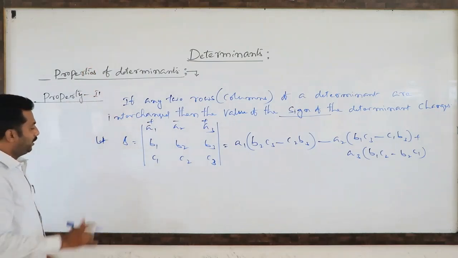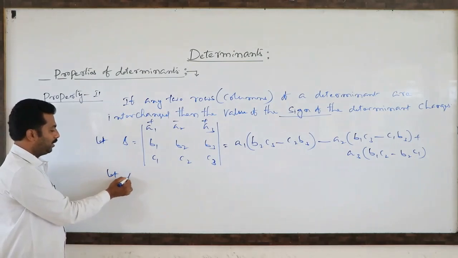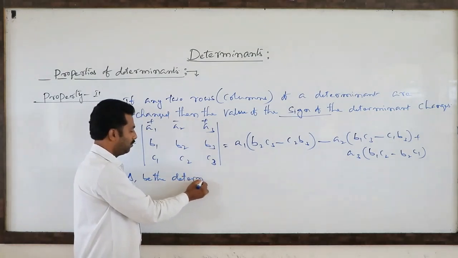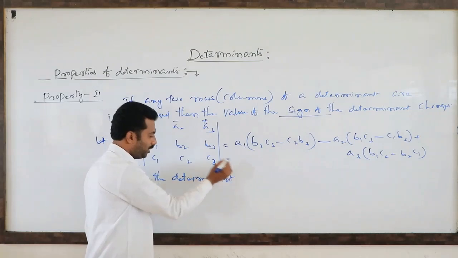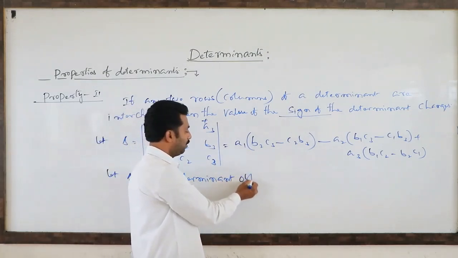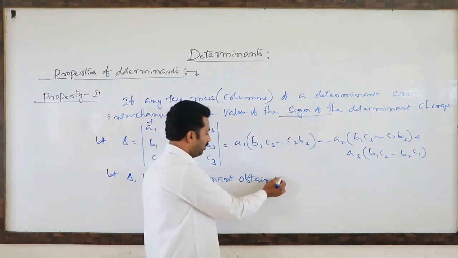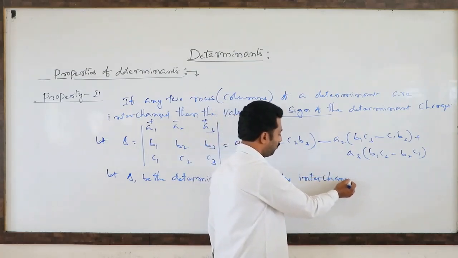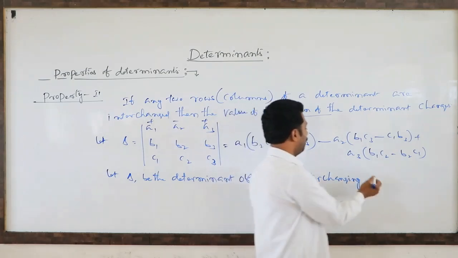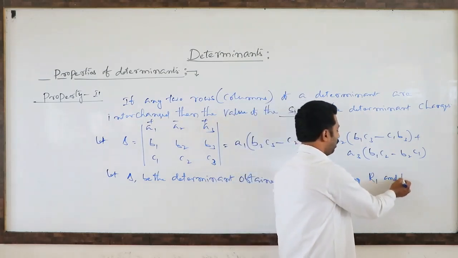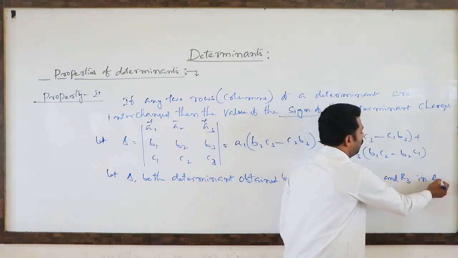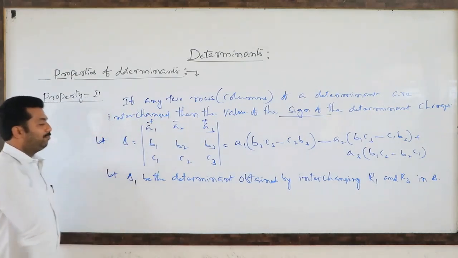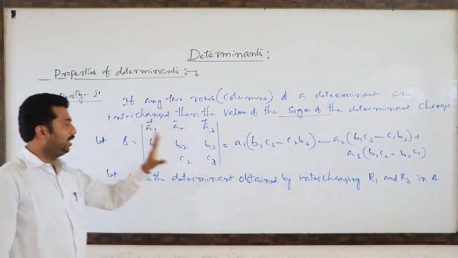Now we write delta 1. Let delta 1 be the determinant obtained by interchanging rows R1 and R3 in delta.